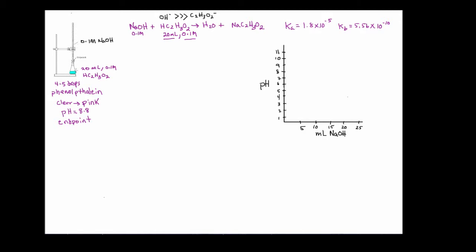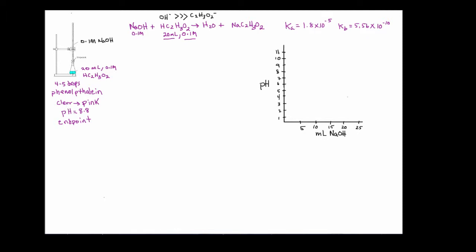We have some kind of opposite sample in the collection flask, and we are going to titrate the acids. In this case, we're going to have 0.1 molar NaOH in the burette. We're going to have our weak acid solution in the collection flask, and we are going to titrate to an endpoint using an indicator called phenolphthalein.